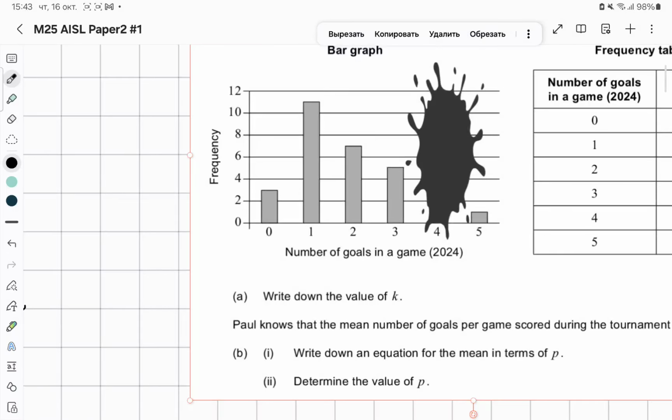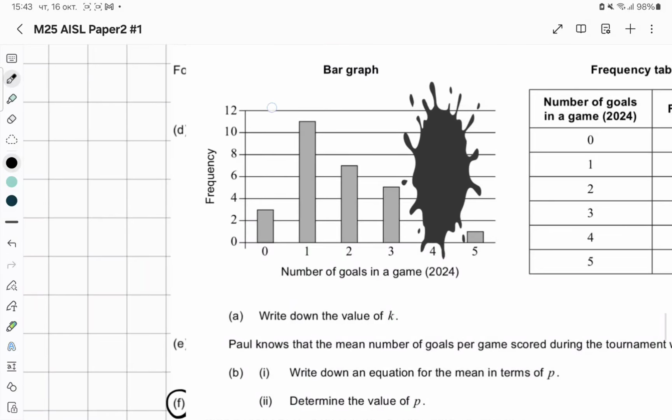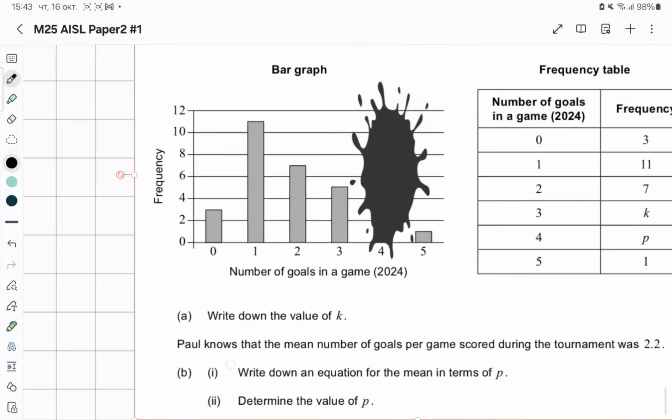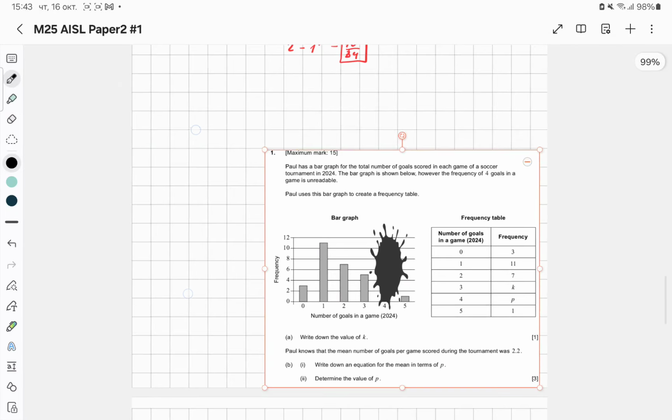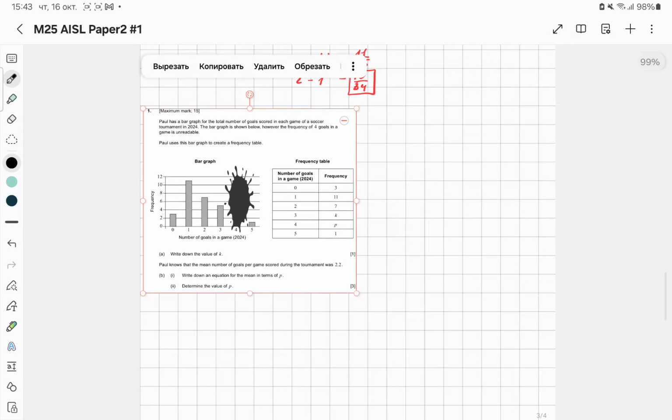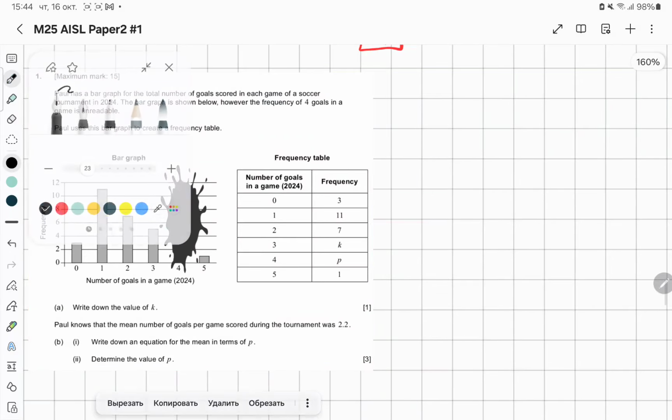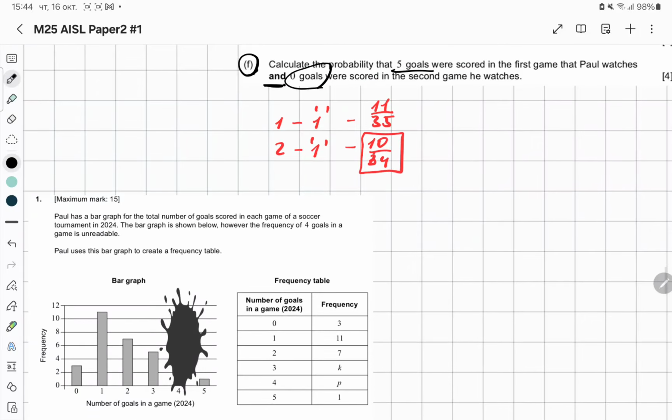Let me use this table straightforward in the last part. You see that here it says 5 goals. So where is the row with the 5 goals? This one, right? So it is 1 over 35.